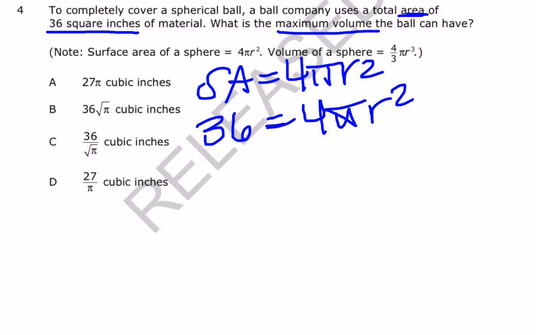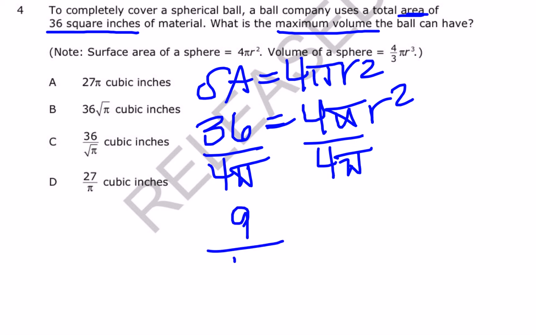So in order to solve for r squared, I'm going to divide by 4 pi. That gives me, going to simplify, 36 divided by 4 is 9 over pi, which is r squared. And then in order to undo the second power, I'm going to take the square root.